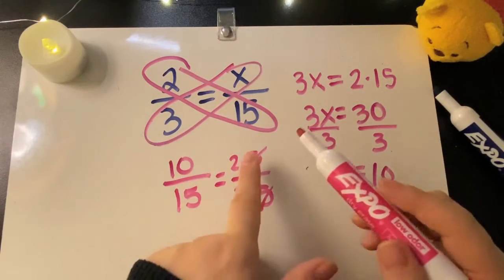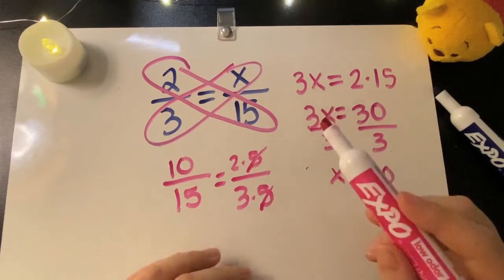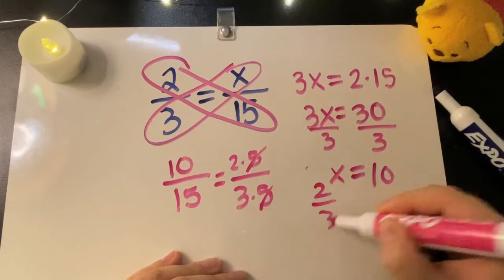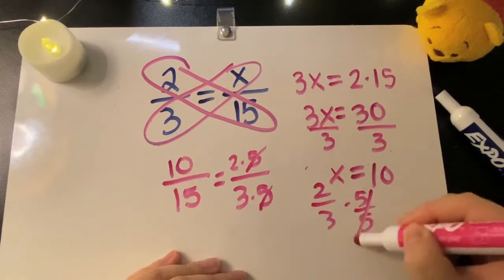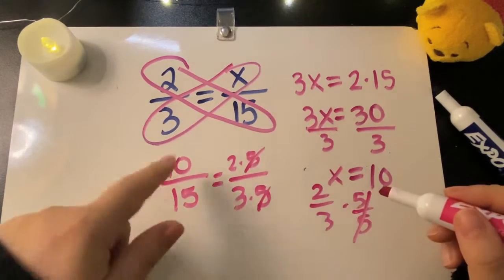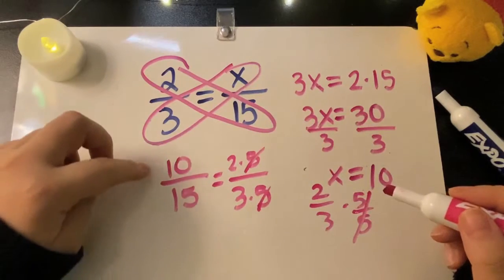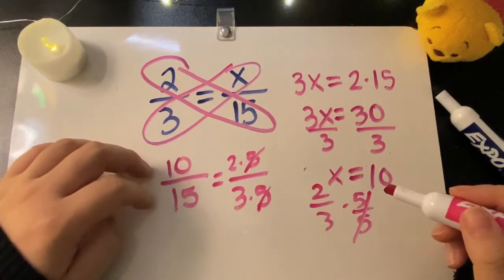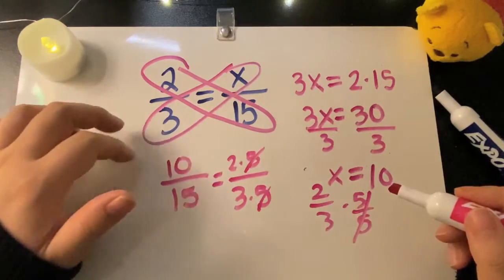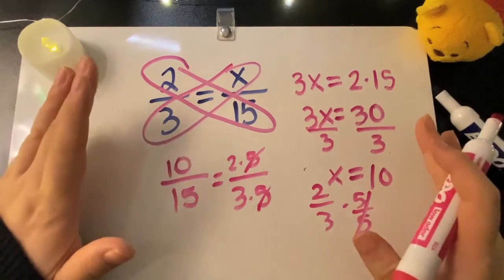So if it helps you to look at simplification this way, you would basically have 2/3 times 5 over 5, which is 1. So anything times 1 is itself. So that's the real reason. But if you can find a number that goes into both of these, then you can cancel that out. So we have 2/3, so that works.